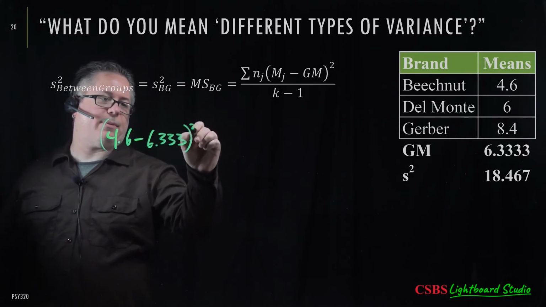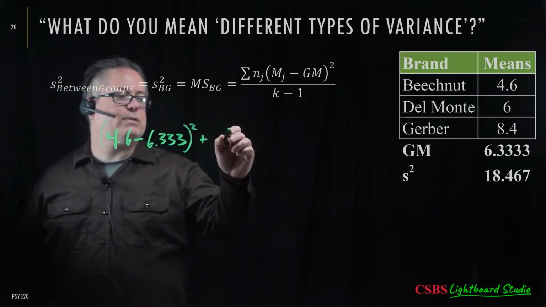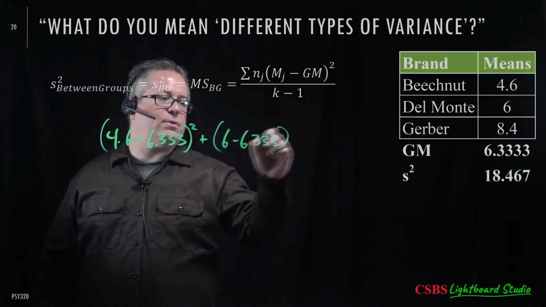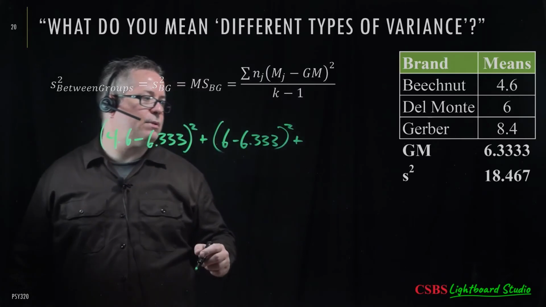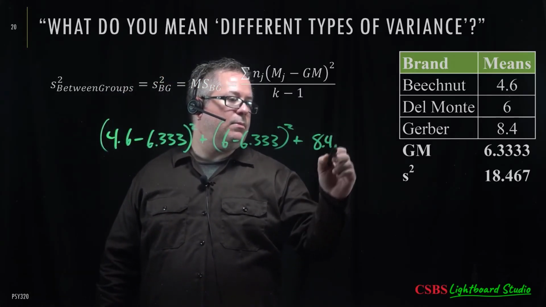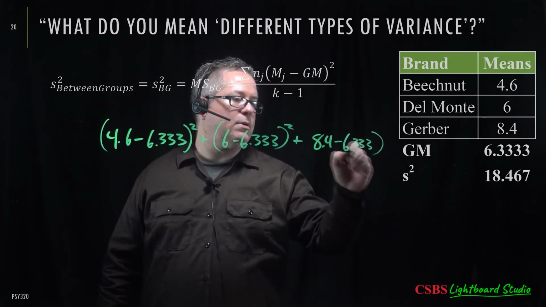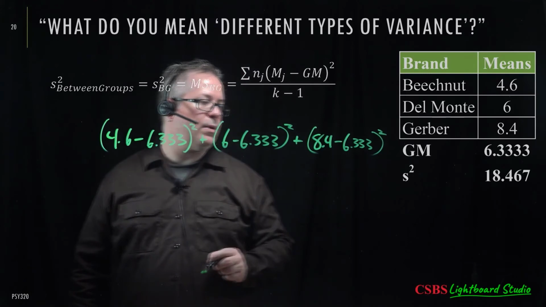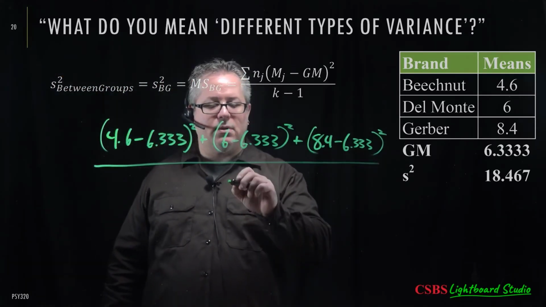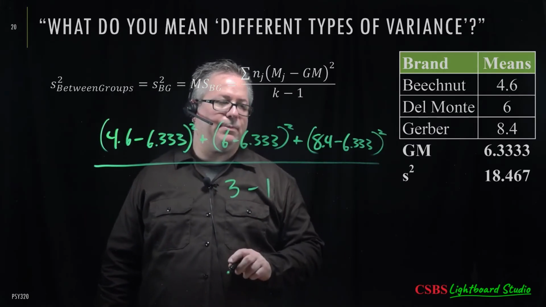I'm going to square that, plus my 6 minus 6.333, I'm going to square that, plus my 8.4 minus 6.333, I'm going to square that. And the whole thing I'm going to divide by my number of groups, which is 3, minus 1 grand mean.